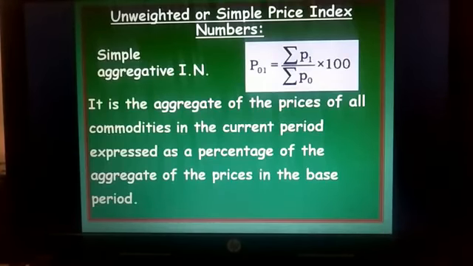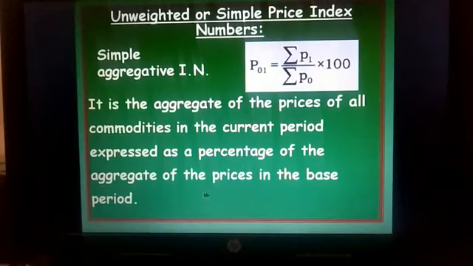That's why sum of P1, expressed as the percentage of the aggregate of the prices of all commodities in the base period. We have already defined price relative, quantity relative and value relative. In a similar fashion, this is also defined.